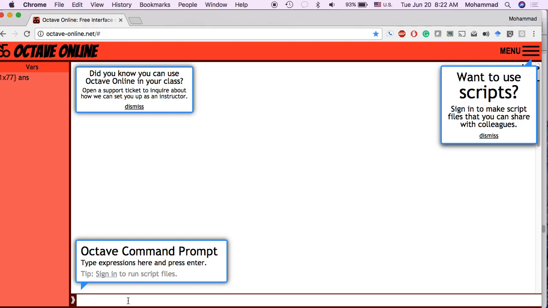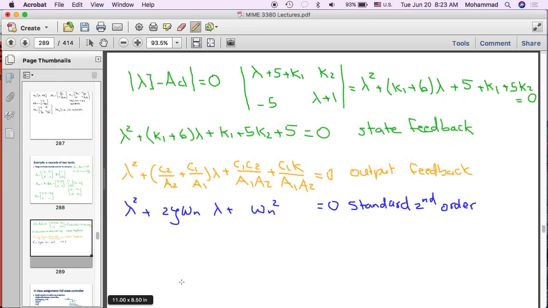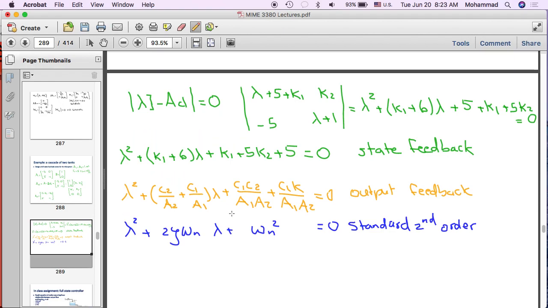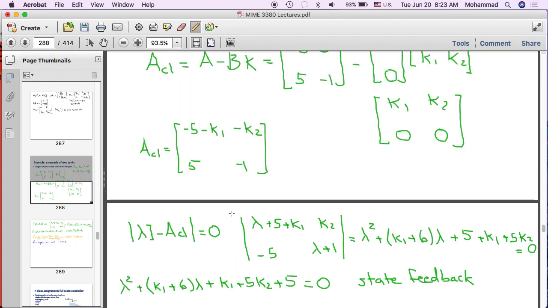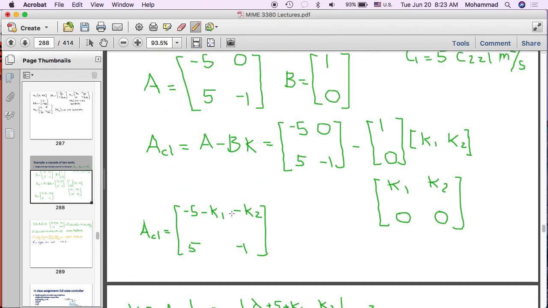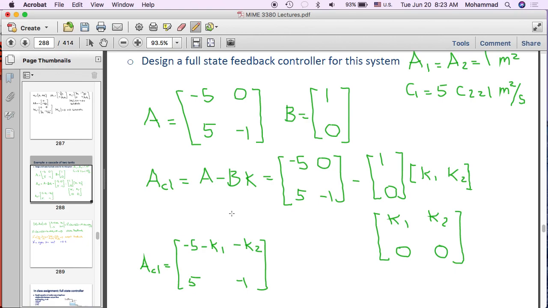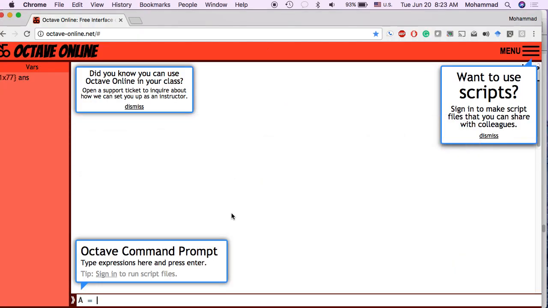So how can we create the root locus? We need to introduce the A matrix of the closed loop. So the A matrix of, I'm sorry, the open loop rather. The root locus works based on open loop. So the A matrix of the open loop is minus 5, 0, 5, minus 1.